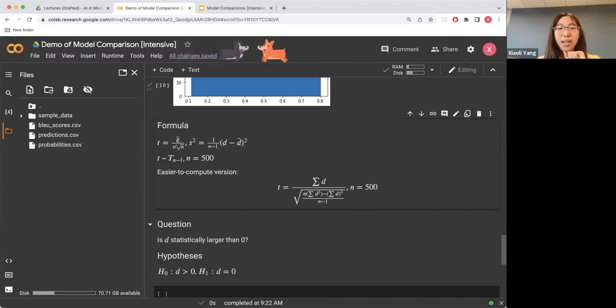Yes, we can. Actually, we do not need to assume strictly that each difference D is normally distributed, because recall from the central limit theorem that with large enough samples, the sample mean of D by itself approximates the normal distribution.